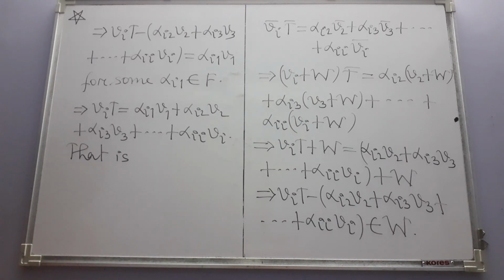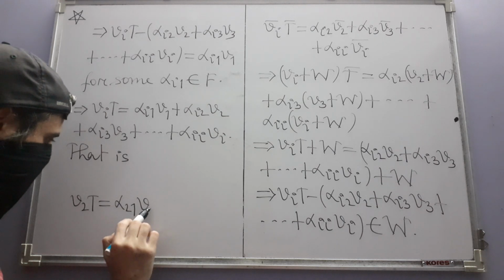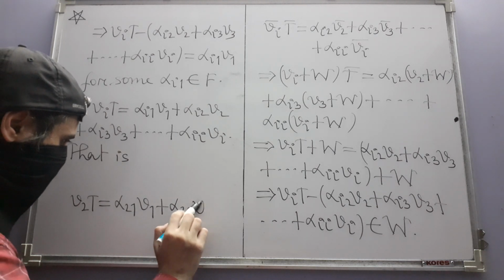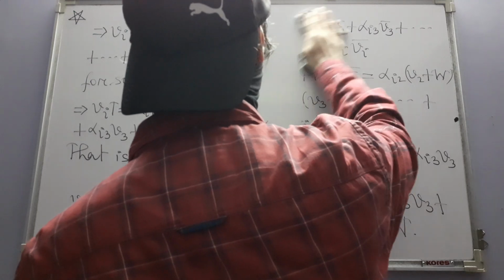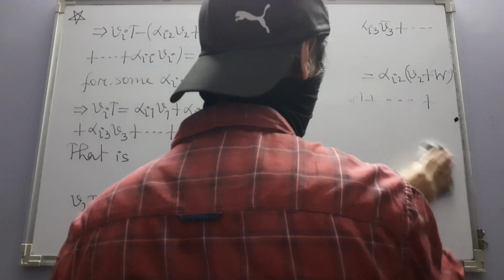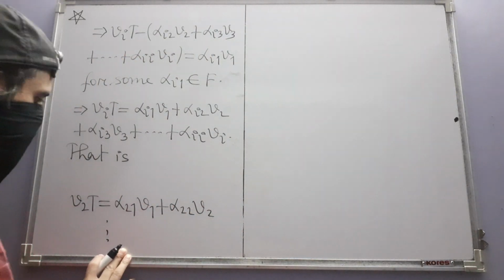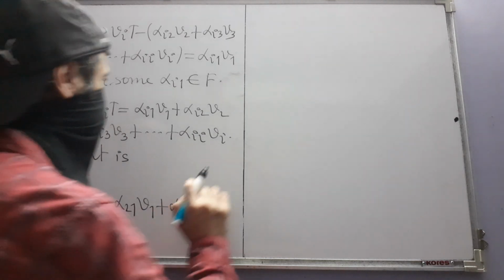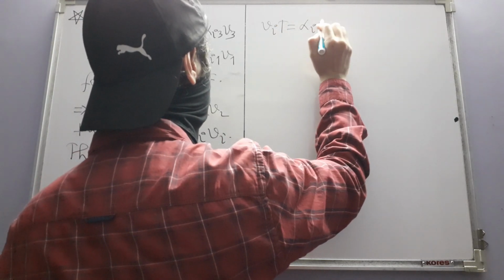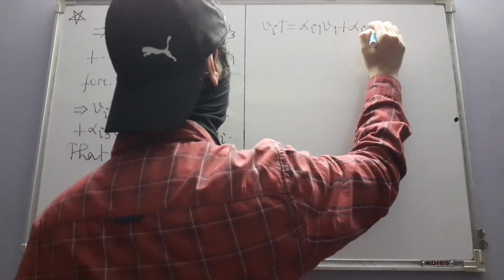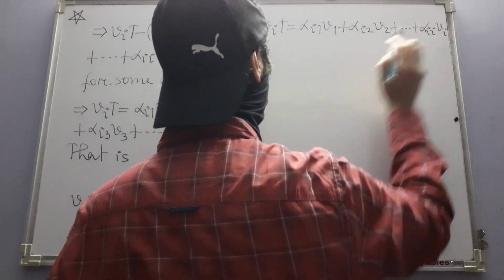Just for the sake of showing everything together, let me just write this. We have got this, right? Alpha II Vi.